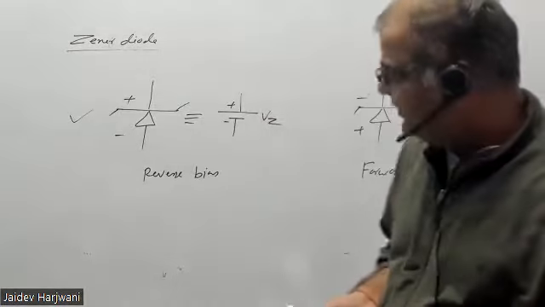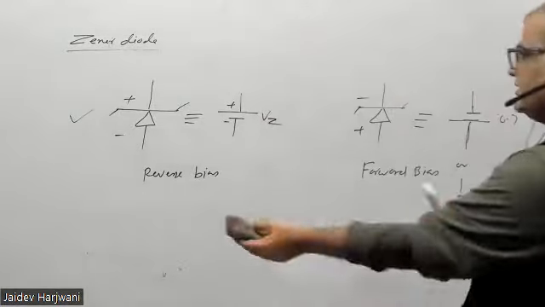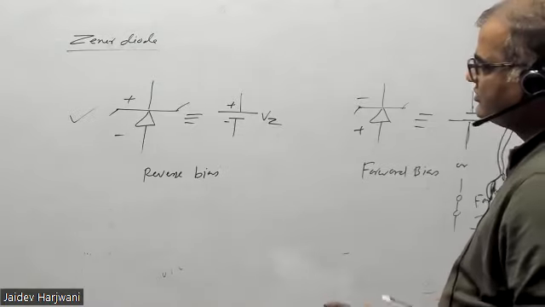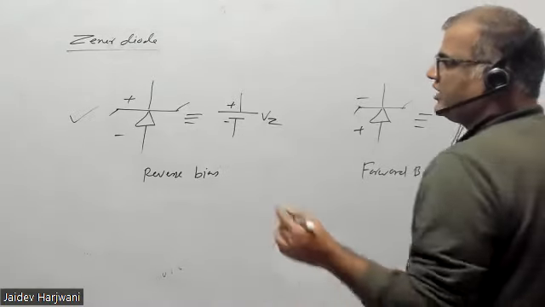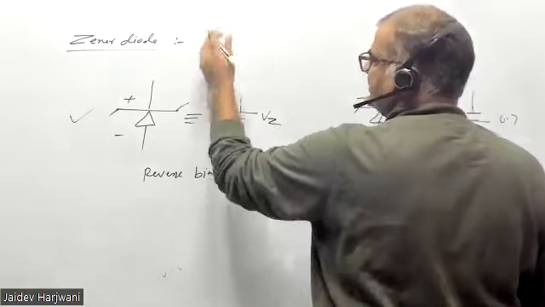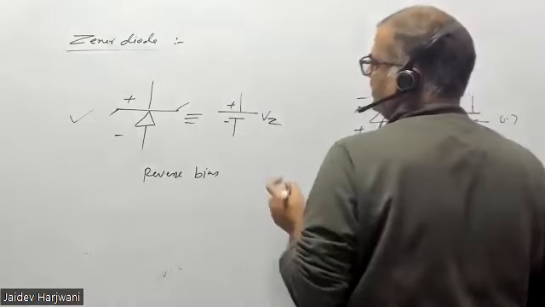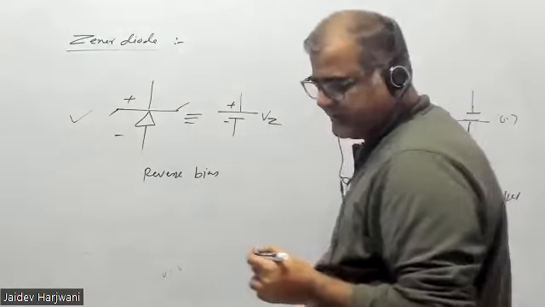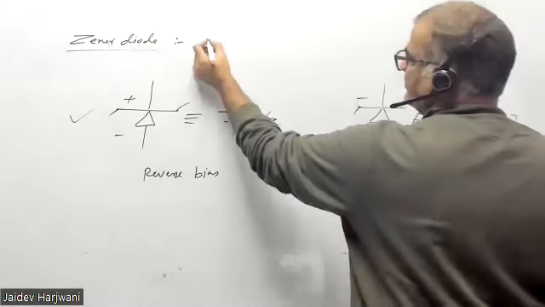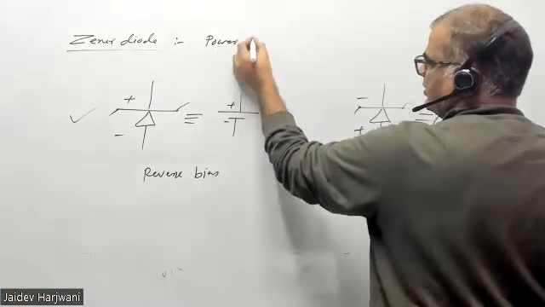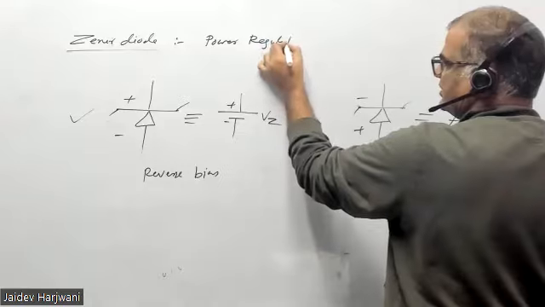So let me give you one question and explain the Zener diode. Now, what is the application of Zener diode? Zener diode is basically used as a power regulator.